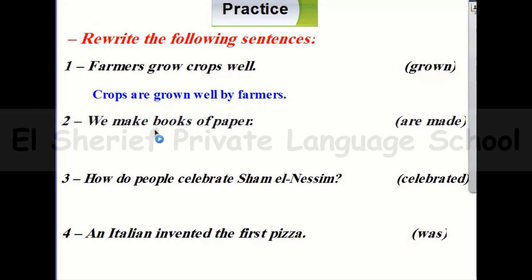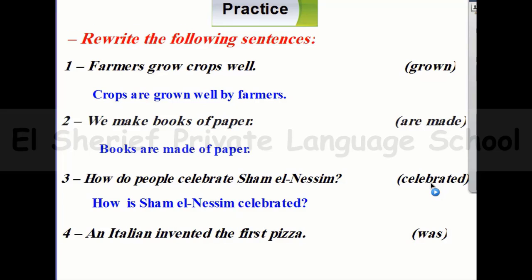Number 2, we make books of paper. Use are made. So the answer will be, books are made of paper. Number 3, how do people celebrate Sham el-Nessim? Use celebrated. Celebrated is a past participle from the verb celebrate.